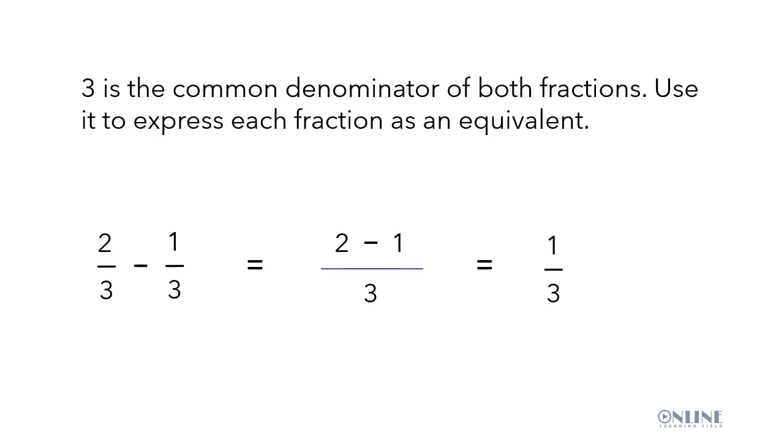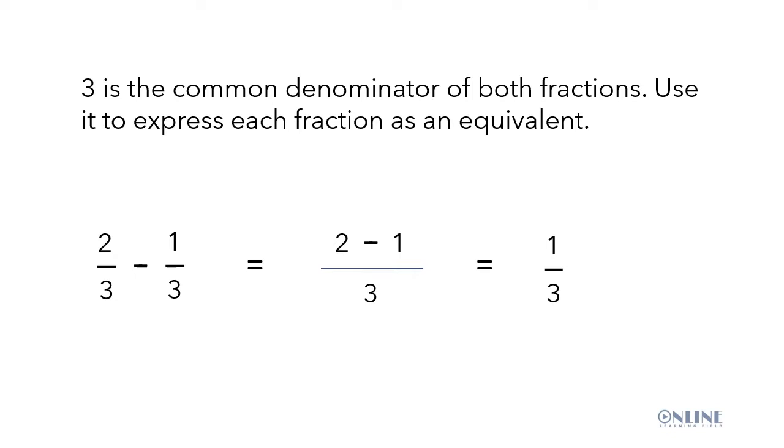3 is the common denominator here. So we use it to express each fraction as an equivalent. We subtract the second numerator from the first numerator because they are the number of parts in the fractions.